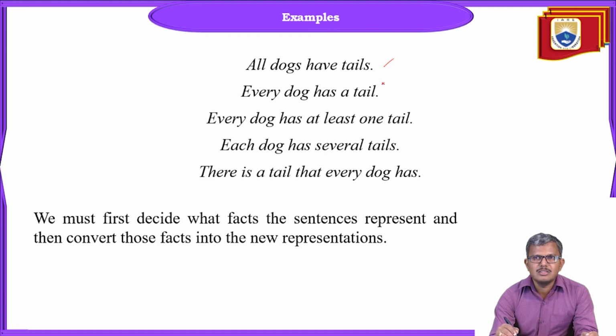All dogs have tails, every dog has a tail, every dog has at least one tail, each dog has several tails, and there is a tail that every dog has. Like this, we can extract more information from the existing knowledge by representing the knowledge in different ways.